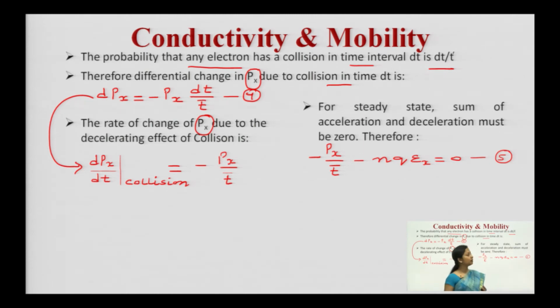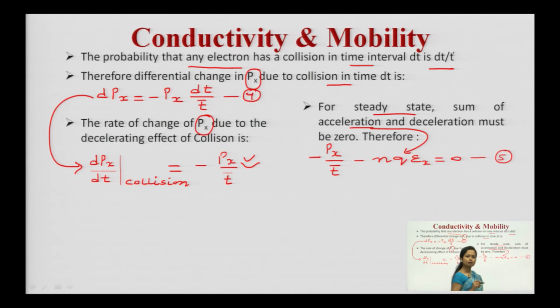Now, in this particular case, as I have told you, for steady state, the sum of the acceleration and deceleration, means whatever the acceleration is, at the same rate deceleration will happen. It means at steady state the sum of these two will be 0, because these two are going to balance out each other. It means from here you have written, this is the term for the deceleration, minus px upon t bar, plus the term for acceleration.